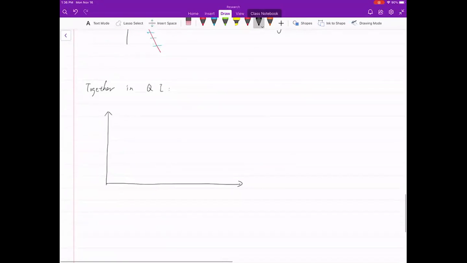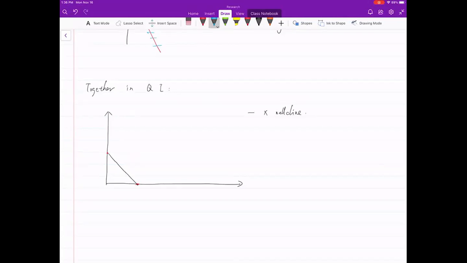Now it's time to test my drawing. Okay, this black one is going to be the x null line. Now I need the y null line.